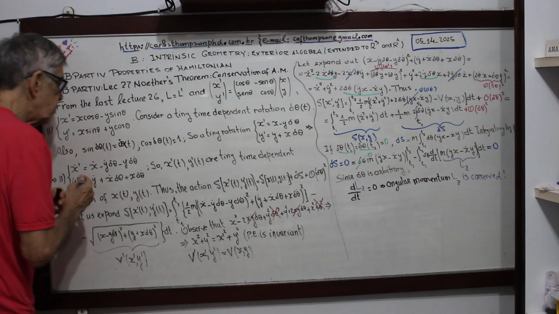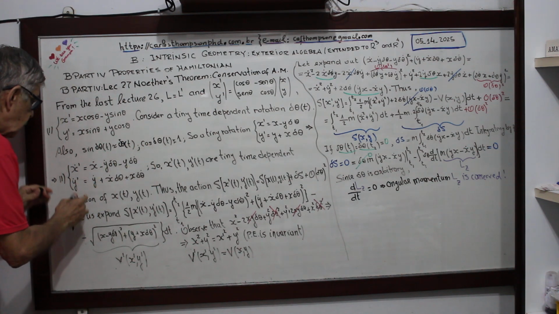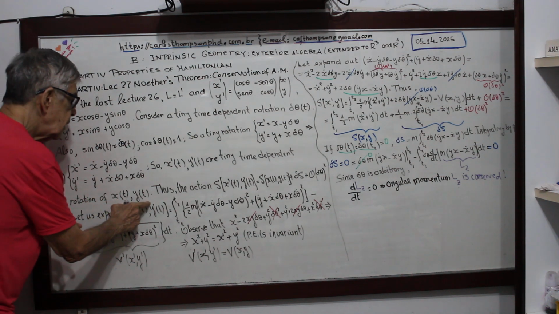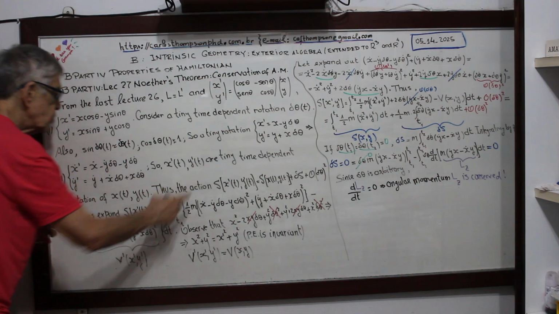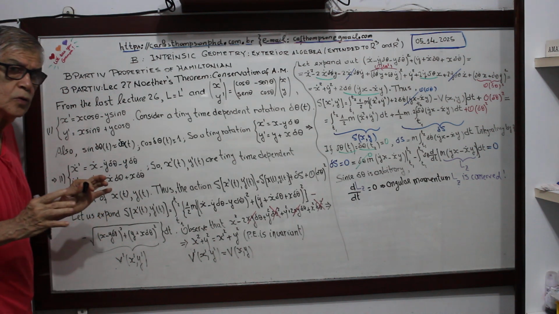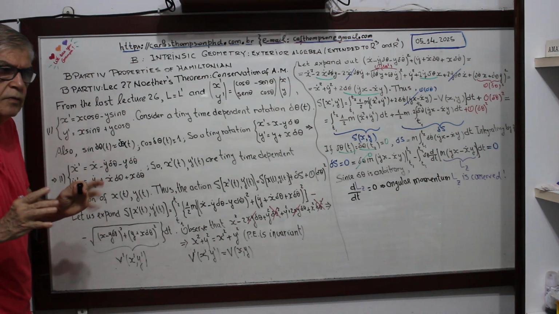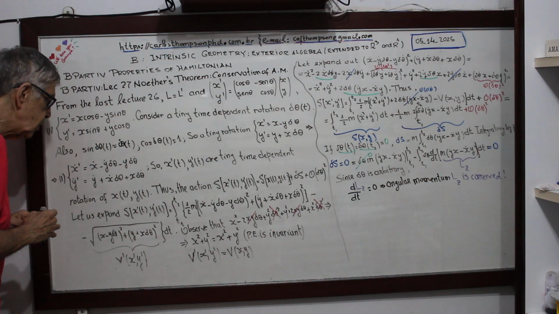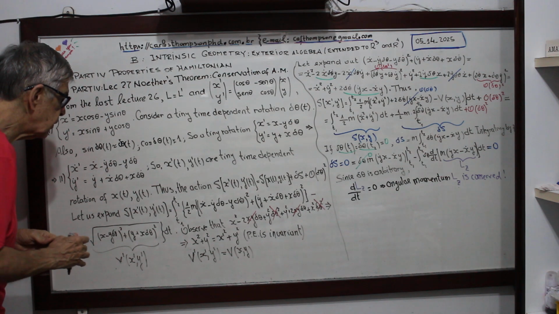That's important here. So this is a rotation, this is the original and this is the final rotation. Attention now, we are using active rotation, as we said in previous videos.